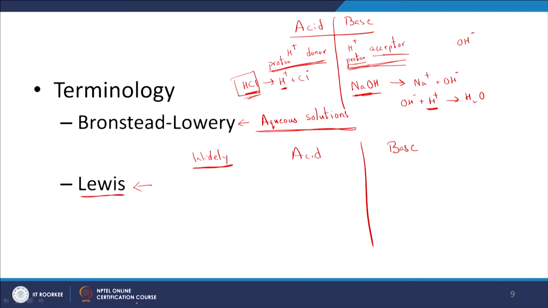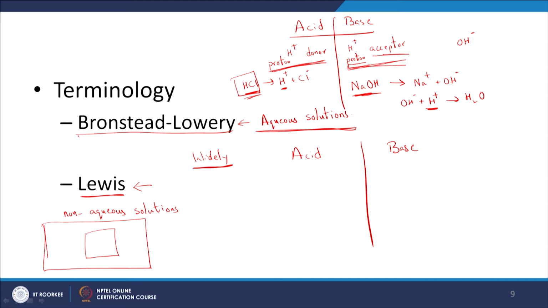So this is applicable to non-aqueous solutions too. With the Bronsted-Lowry theory, you will only be able to explain a few acids and bases, but the Lewis will give you a bigger set. More or less the Bronsted-Lowry definition will give you a subset of the Lewis acids and bases.